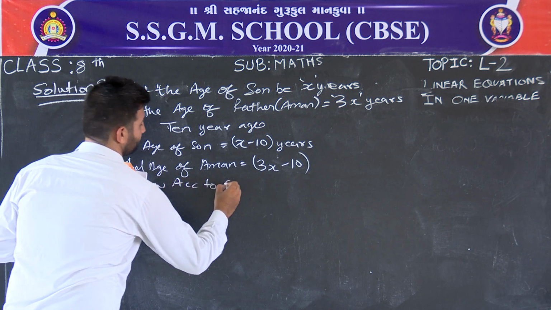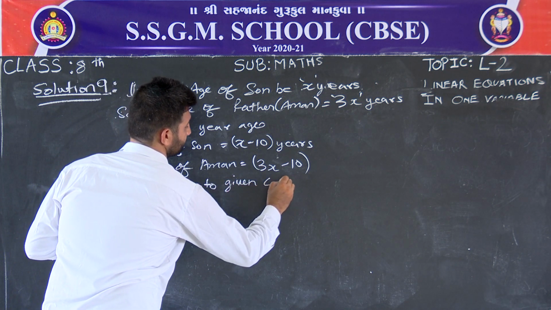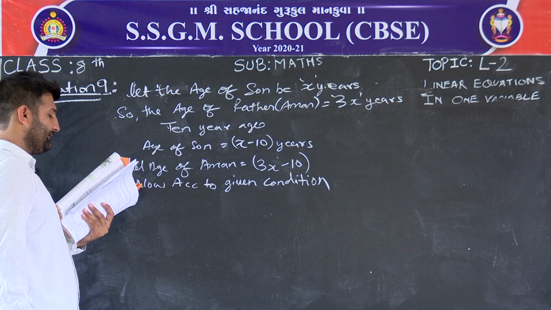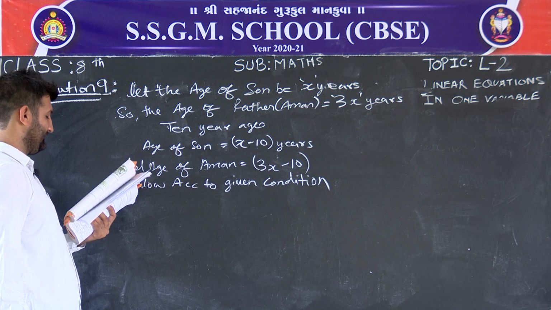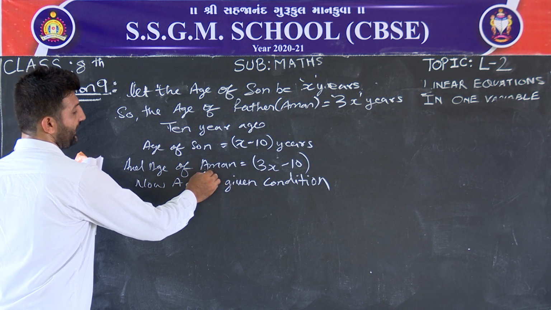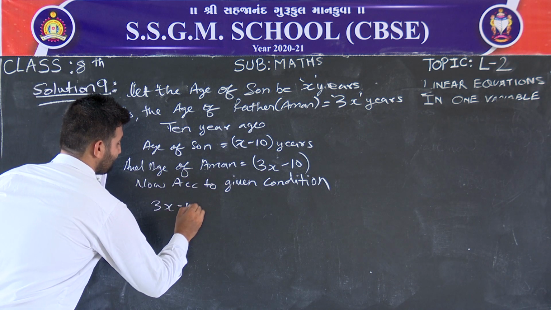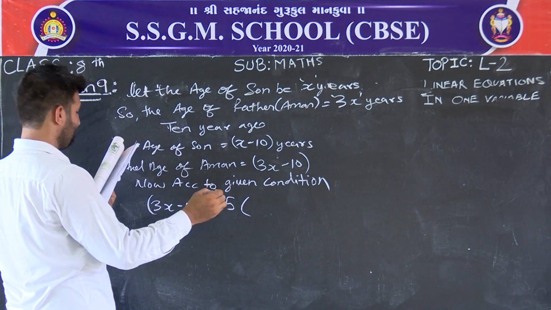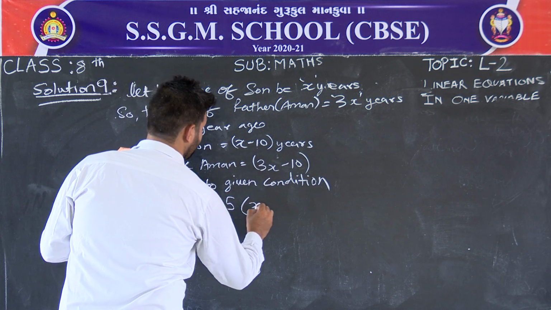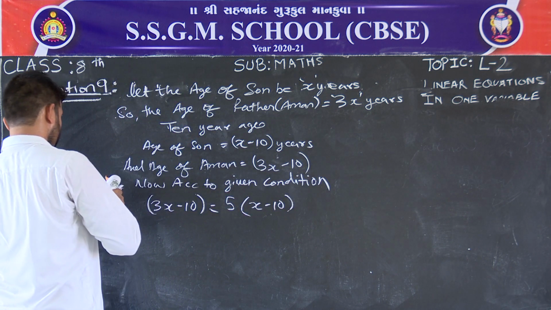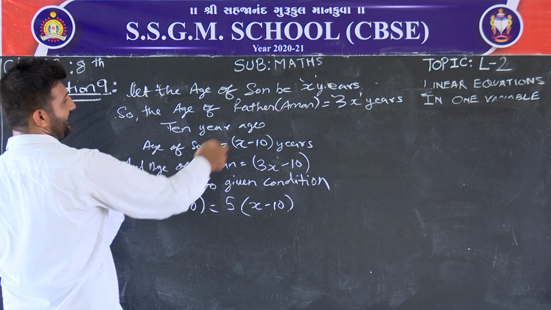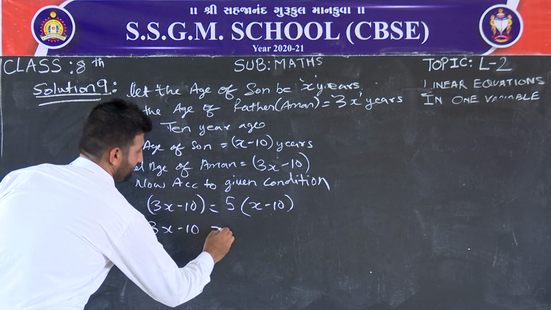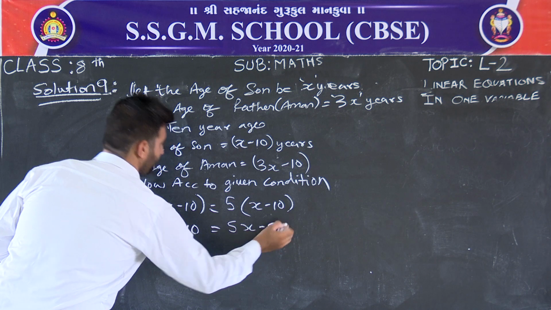Now, according to the given condition, they are saying 10 years ago he was 5 times his son's age. He was who? They are talking about Aman. That is, 3x minus 10 is 5 times his son's age. The son's age is x minus 10. So find their present ages. So solving this, 3x minus 10 will be 5x minus 50.